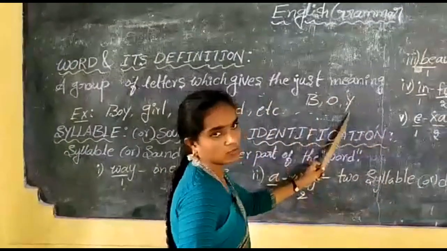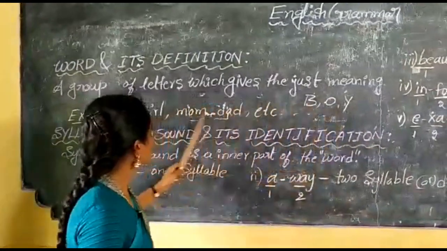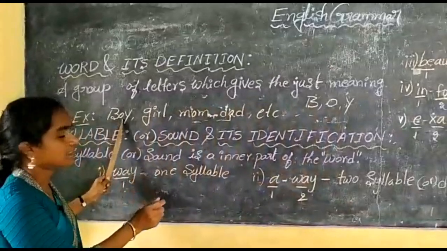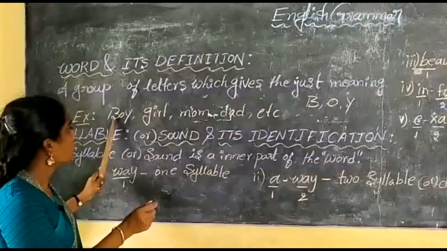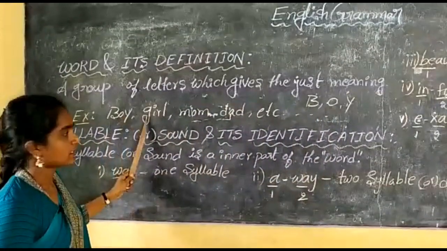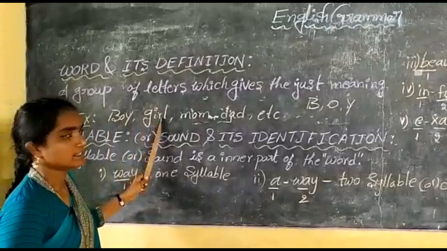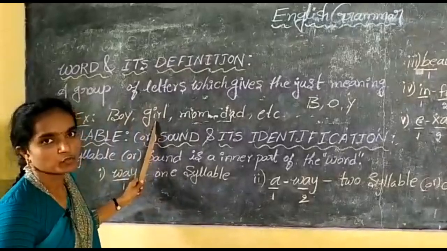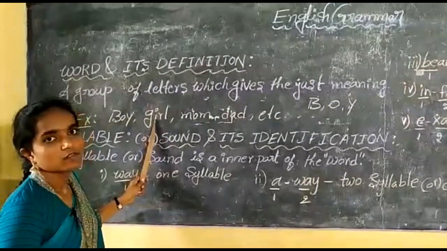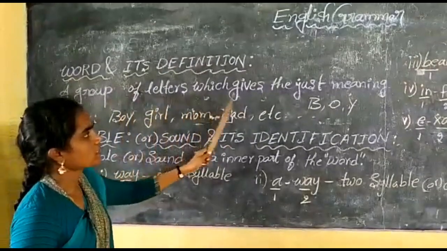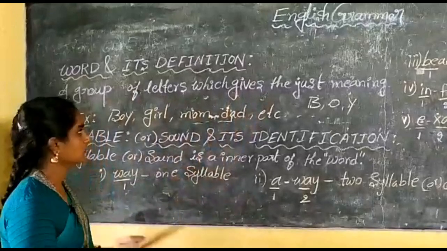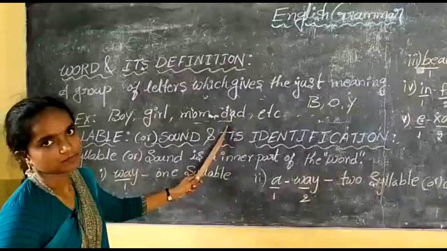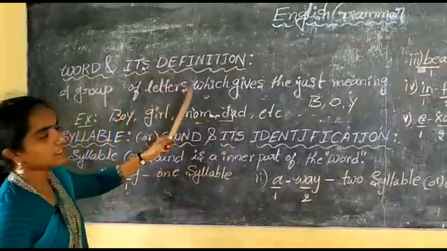These are letters only, but together it is a group of letters that gives a meaning, the word boy. G is a letter, I is a letter, R is a letter, L is a letter, but as one group they form a word. So a group of letters which gives meaning is called a word. These are words. Okay, this is a word and its definition.